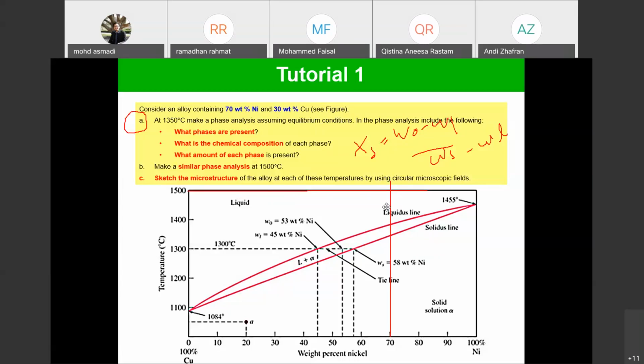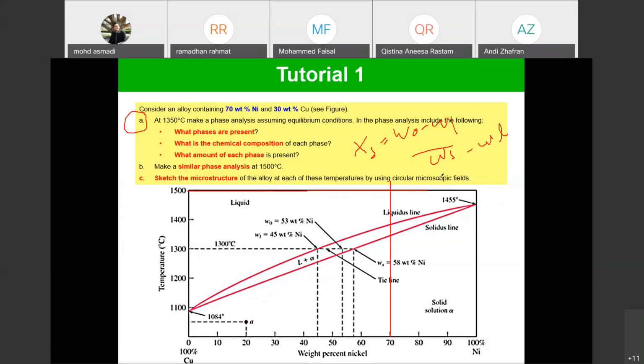And the microstructure: sketch the microstructure of the alloy at each of these temperatures by using circular microscopic field. So at 1500, what is the microstructure?